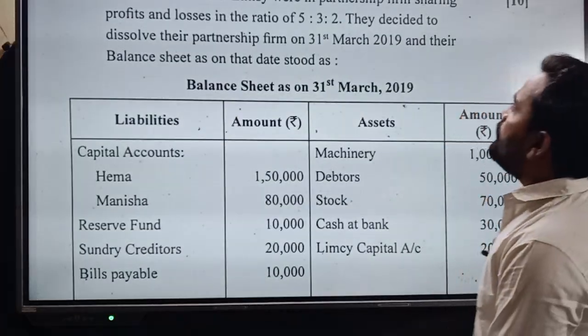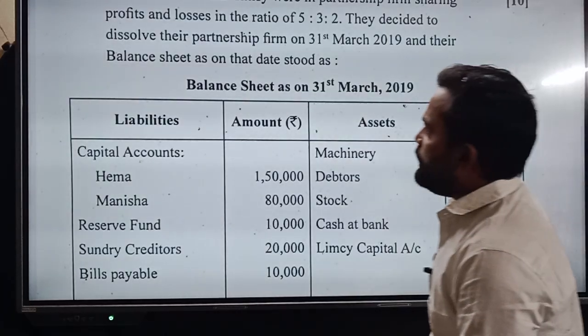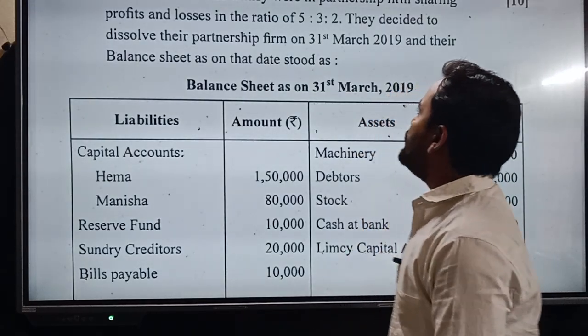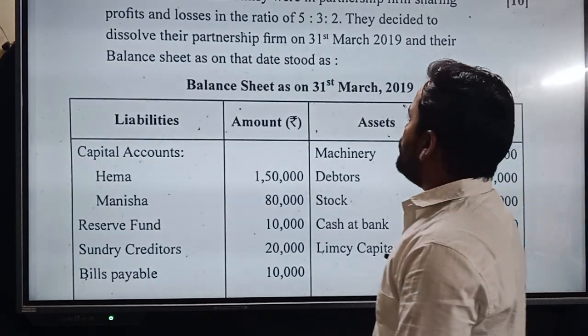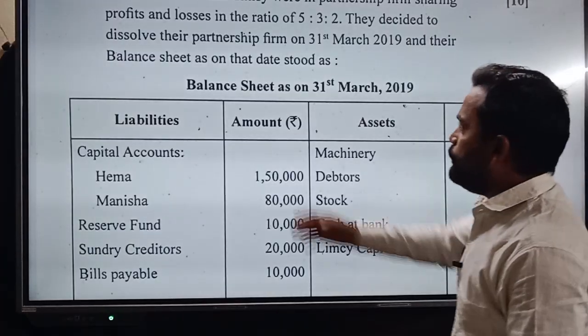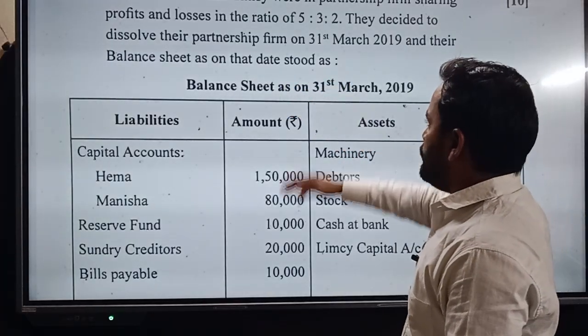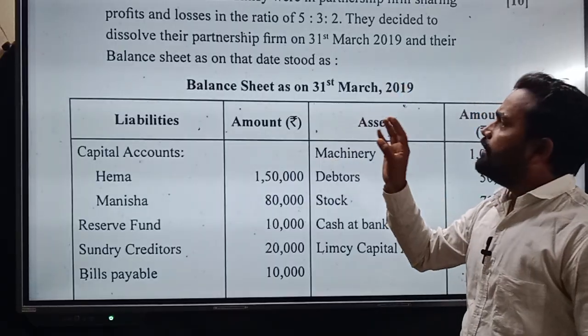Hema, Manisha and Limsi were partners in a partnership firm, sharing profits and losses in the ratio 5:3:2. They decided to dissolve the partnership firm on 31st March 2019 and their balance sheet as on that date stood as follows. Balance sheet given 31st March 2019.